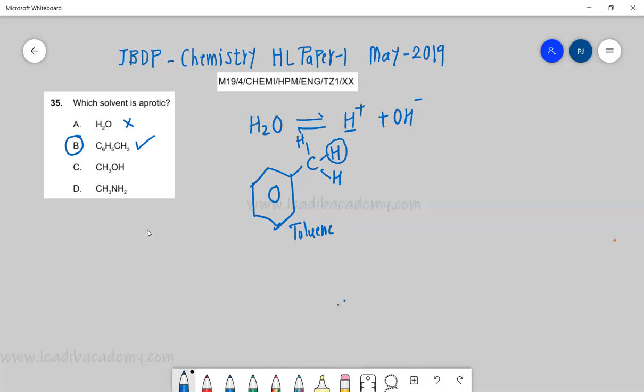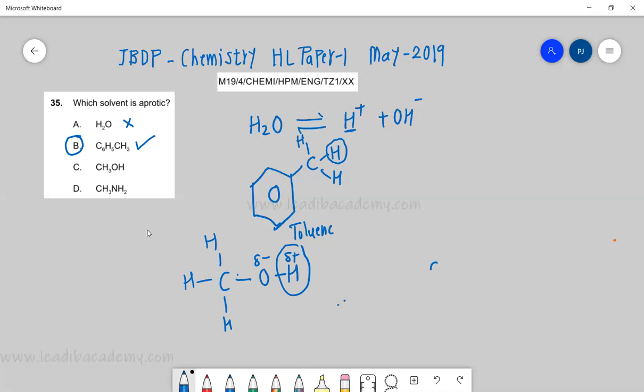But let's confirm whether the other options are no longer valid. This is methanol, CH3OH. Yes, it very much can, because this is delta minus and this is delta plus, so this can be very well gifted, and it can donate a proton or get dissociated. What about CH3NH2? That is basically methanamine.